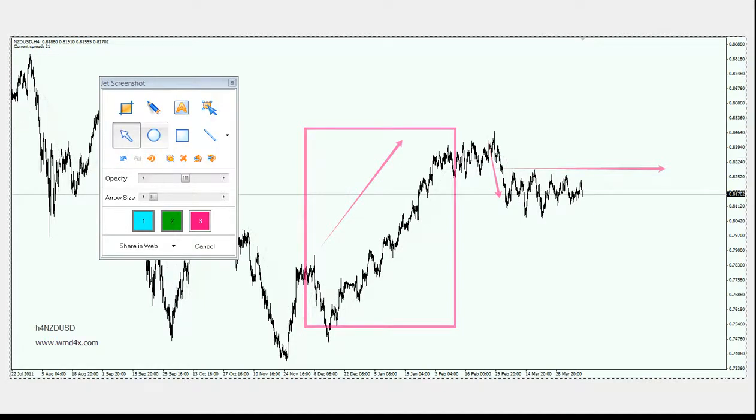And that play is still in play. So even if you wanted to be fading that level, I think it's reasonable to look for a significant move down in the Kiwi. We've seen Aussie weaken a lot, but we haven't seen that same kind of play on Kiwi yet, and I think there is going to be room for follow through.